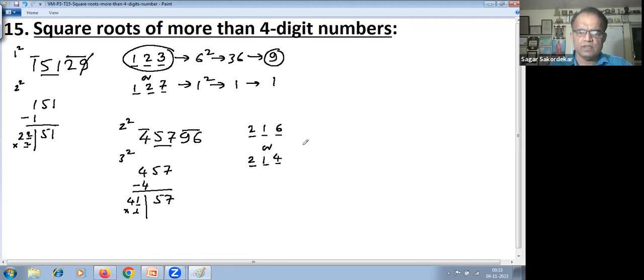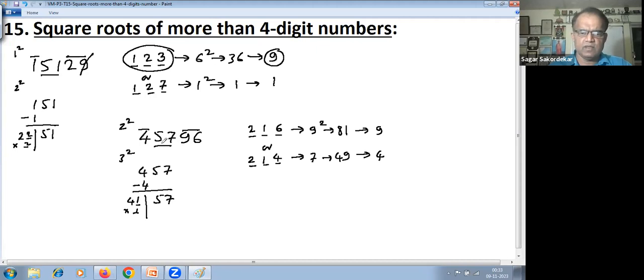Now to decide which is correct, you have to use the digit sum. 2 plus 1 plus 6 is 9. This is 2 plus 1, 3 plus 4, 7. Then you take the square. 9 square is 81. 7 square is 49. The digit sum of 81 is 9, and this is 4. 9 gets cancelled, 4.